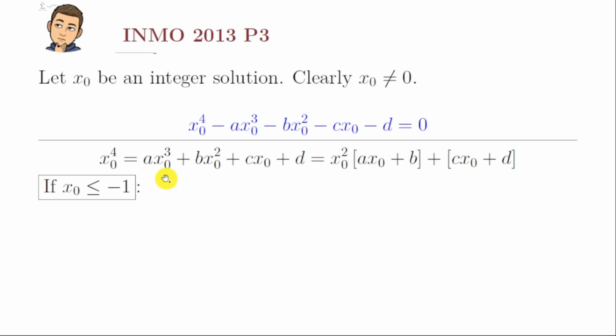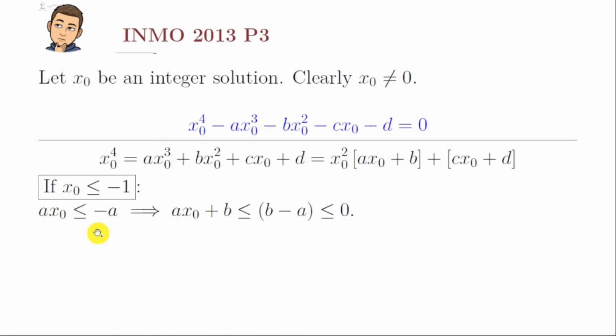Now, if the solution is negative, we will check here whether it is possible for the solution to be negative. Then ax0 must be less than or equal to minus a, because x0 itself is less than or equal to minus 1.